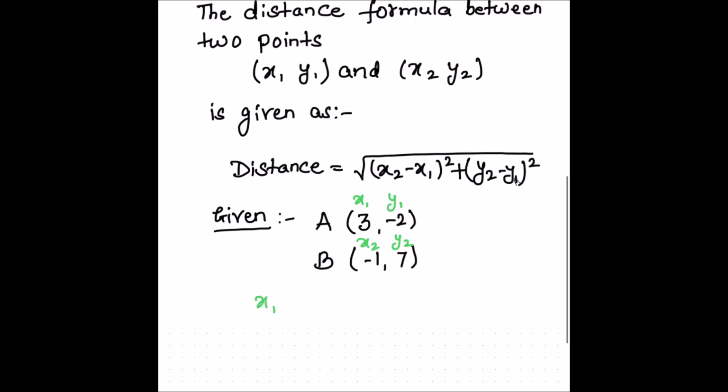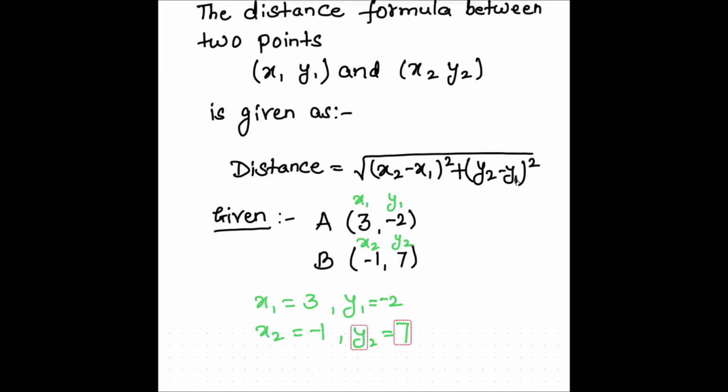So x1 will be 3 and y1 is negative 2, x2 is negative 1 and y2 is 7.